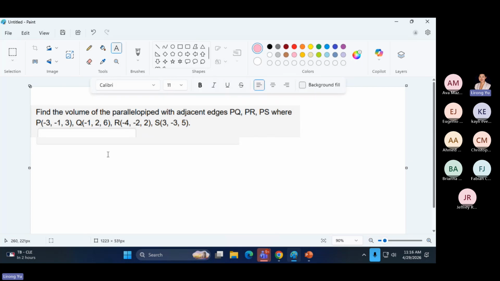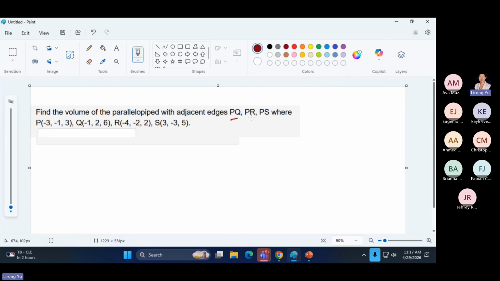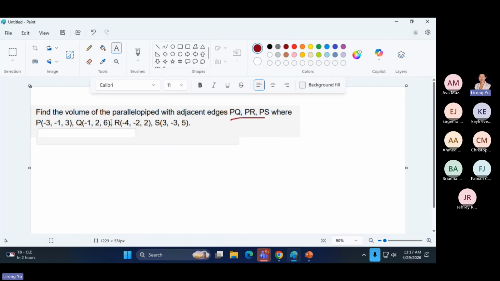The first thing we will do is identify the vectors PQ, PR, PS. Let's get those three vectors ready, and when their components are clear, we can calculate their triple product.